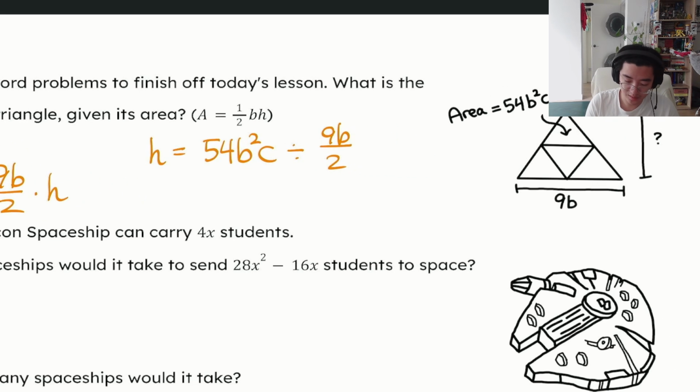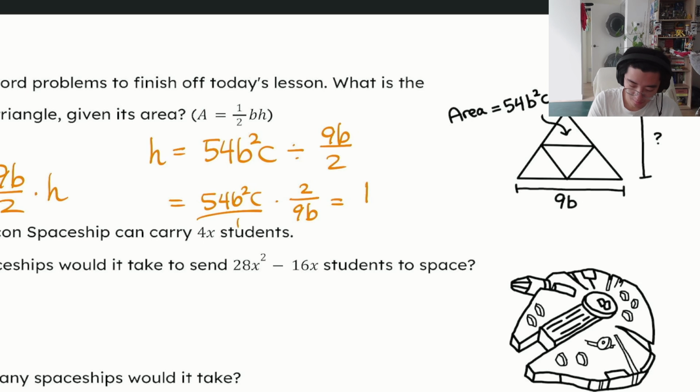And of course, whenever we divide a fraction, we flip it. Times 2 over 9b. And of course, we multiply them together. Think of this as this fraction over 1. 2 times 54 is 108b squared c over 9b.